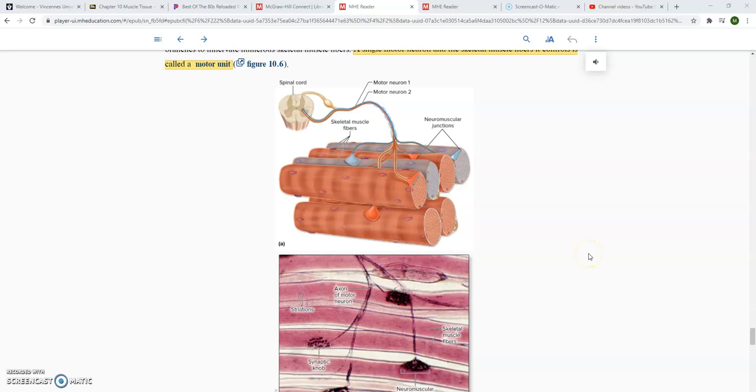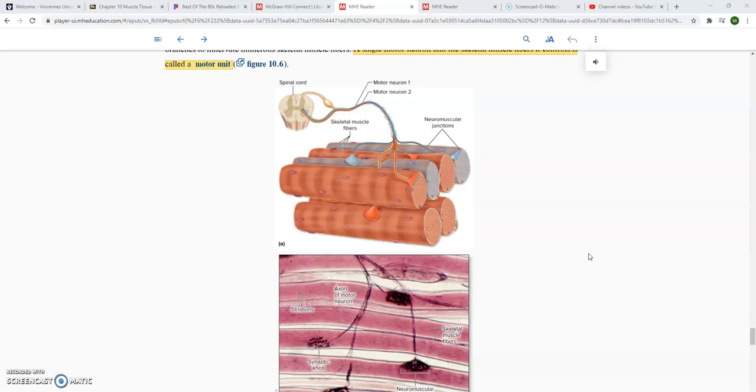There are some muscles in the body where we need a higher degree of control. The book uses the example of the muscles that control our eyes. We need a much greater amount of control of those muscles because we need very precise eye movements so that we can read and see things in our environment, because that's a big way that we sense our environment and survive.